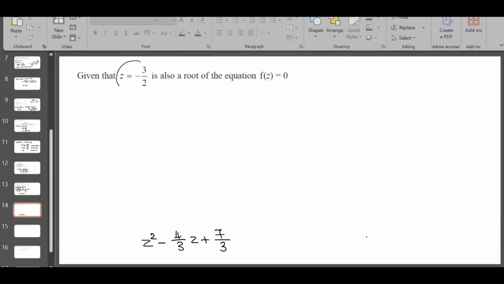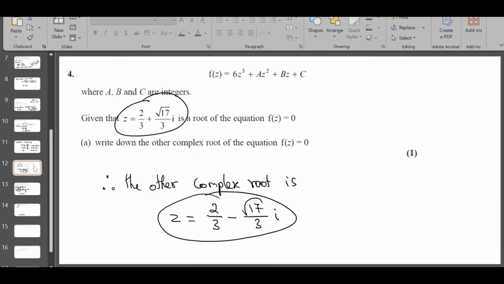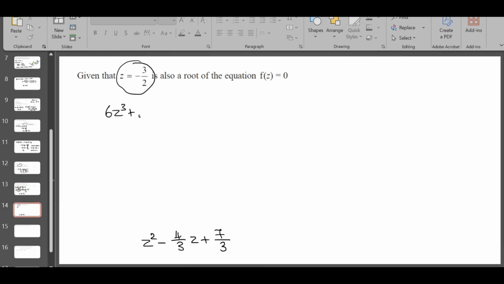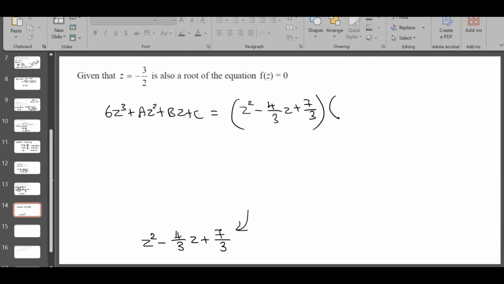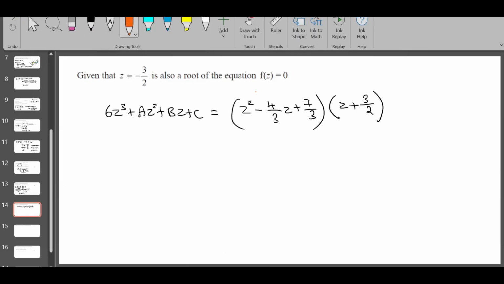Now, since the question says this is also another root, I can write the function first. 6z cubed plus az square plus bz plus c is equal to this quadratic function z square minus 4 over 3z plus 7 over 3 times, write this as a factor, z plus 3 over 2. But there is a problem actually. When we multiply these two, we are getting only z cube, whereas it has to be 6z cube. So you have to put a 6 in front.